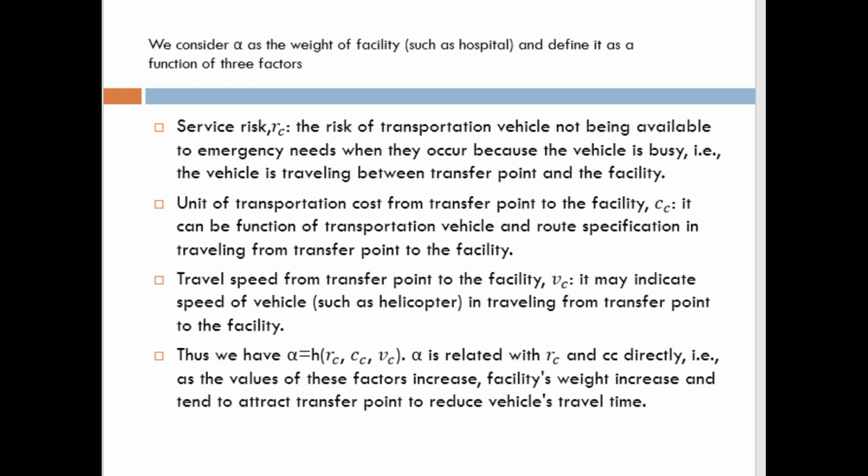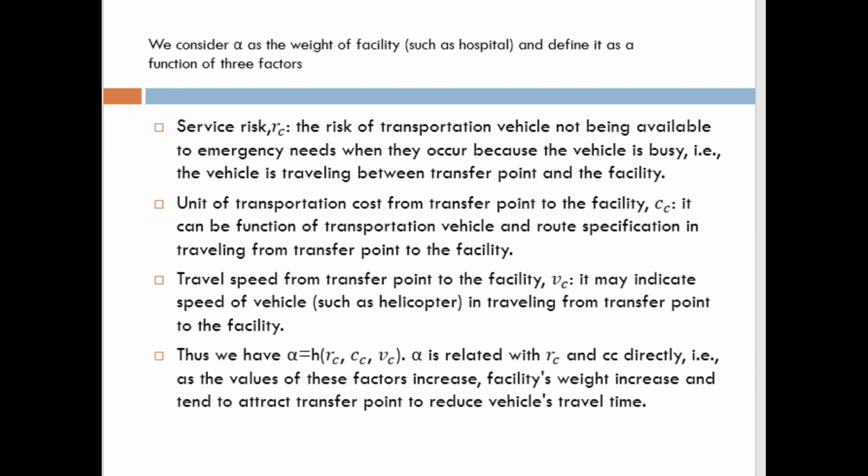Unit of transportation cost from the transfer point to the facility, C sub c, which can be a function of transportation vehicle and route specification in traveling from the transfer point to the facility. Travel speed from the transfer point to the facility, V sub c, which may indicate the speed of vehicles such as a helicopter in traveling from the transfer point to the facility.